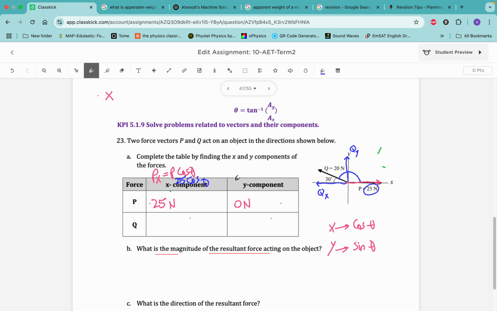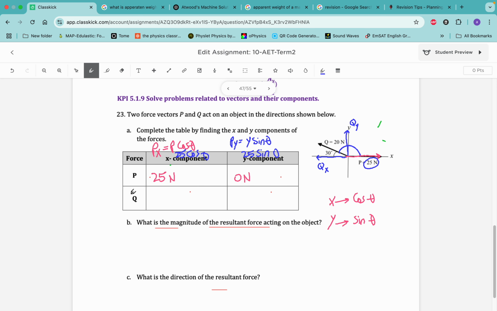For Py, it's P sine theta, 25 sine of the same angle, which is 0. We know that sine 0 is 0, so times 25, it's equal to 0.